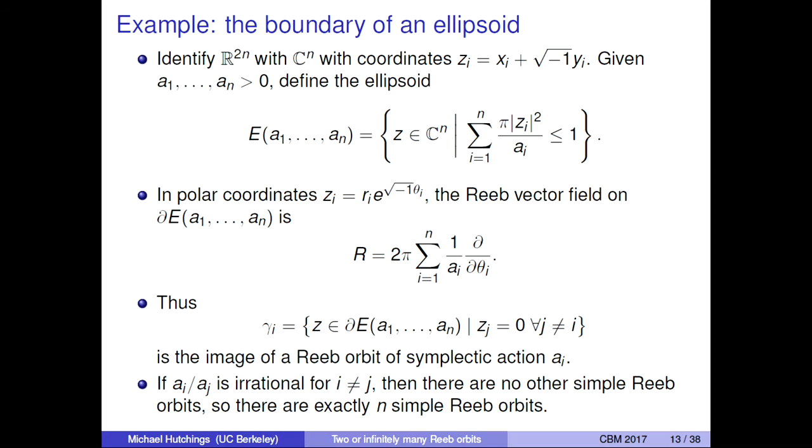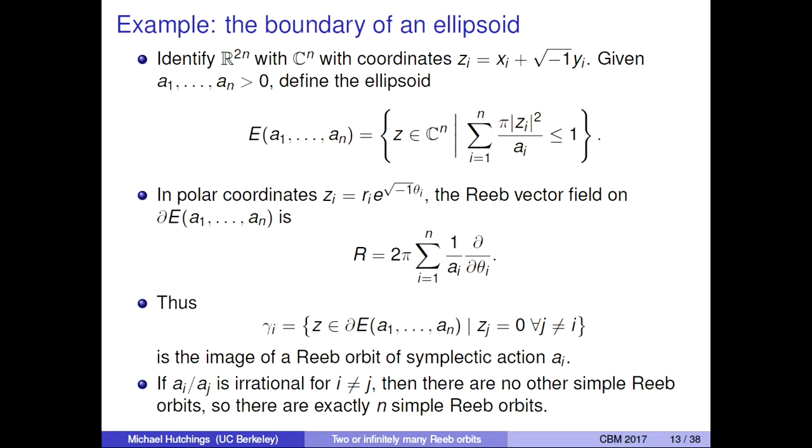So it changes the arguments of all the components, but at different speeds. It takes time ai for the ith coordinate to go once around. So if all but one of the coordinates is 0, then you will get a periodic orbit whose period is ai.